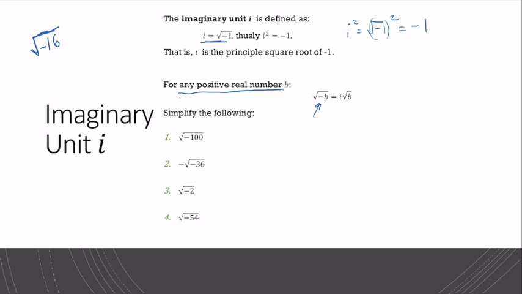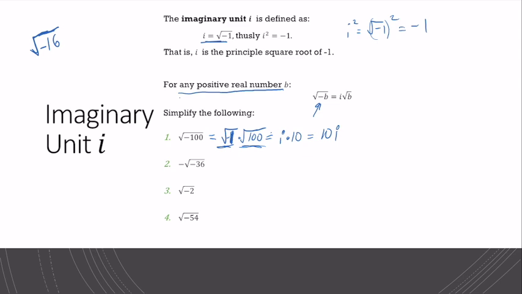So I could think of the square root of negative 100 as the square root of negative 1 times the square root of 100, because by our multiplication property, I can pull this out. This would become i times 10, which is 10i. So we pull this apart, we pull out the negative, we take the square root of our positive number that we have left.